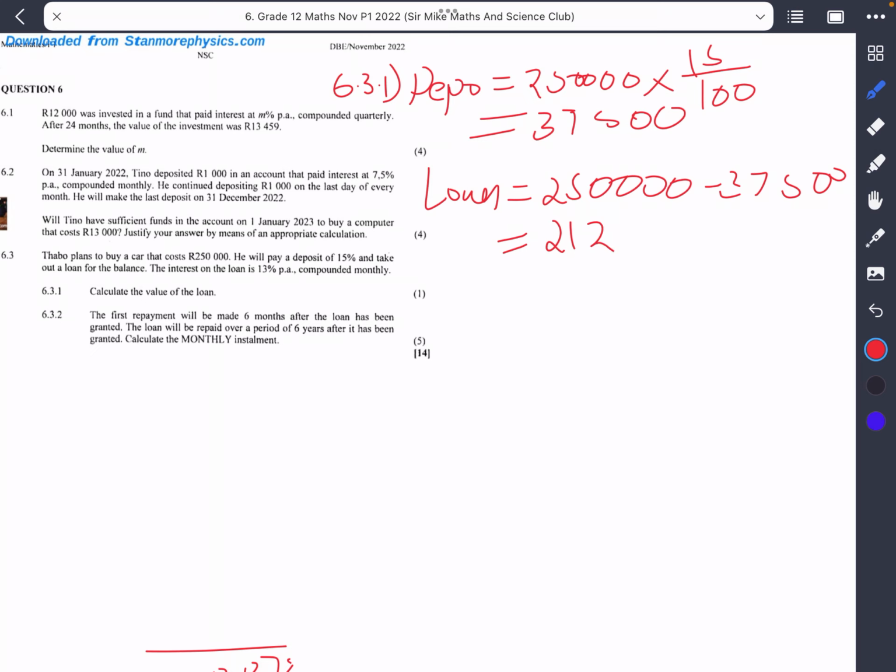So if we subtract that from 250,000, what you would get would be 212,500. So this would be the value of the loan.